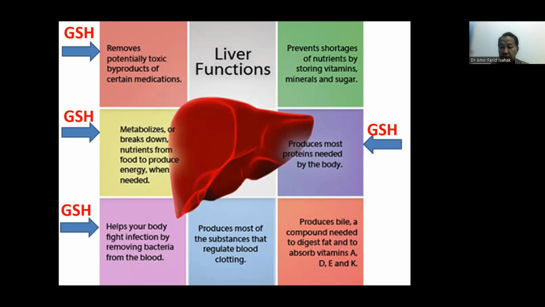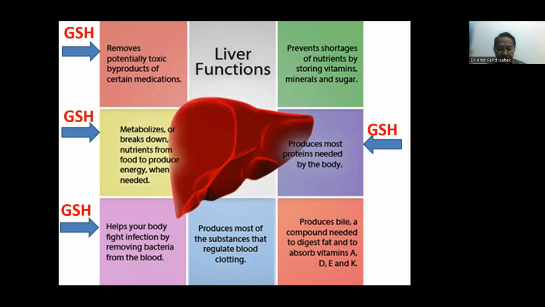Okay, so other functions of the liver also, to a certain degree, require glutathione. Regulating blood clotting is also one of the functions of the liver, and also requires glutathione. So you can almost say that almost every function of the liver requires glutathione.